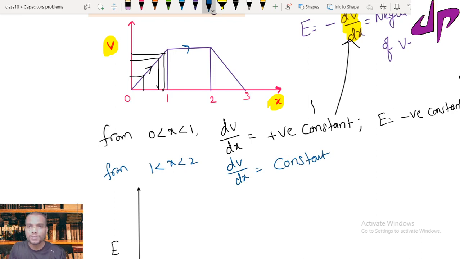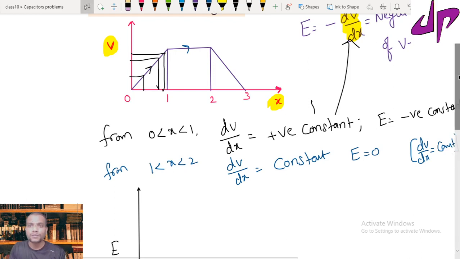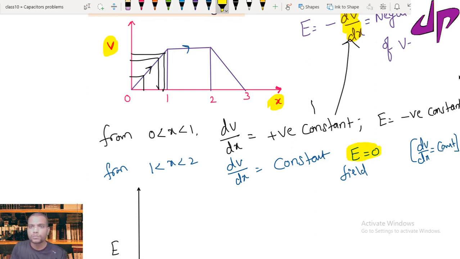What is the derivative of a constant? It equals 0. So the electric field E equals 0 from 1 to 2.